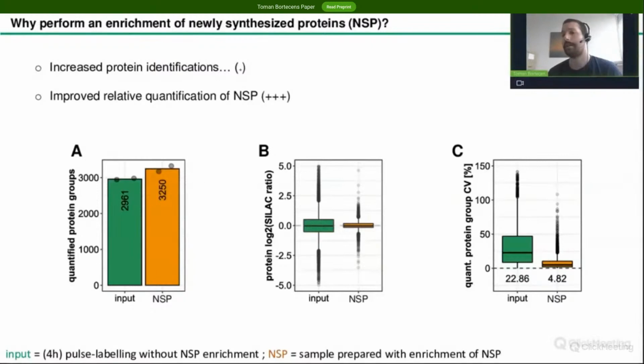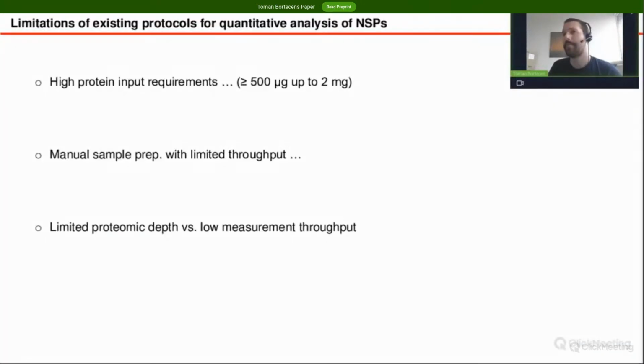And as I hinted to before, this is due to this improved signal-to-noise ratio that we obtain. So much for the background of the basic methodology that has been around for some time. It's very powerful. However, there are serious limitations also, which we believe also explain why this technology has not so widely been adopted by researchers yet.